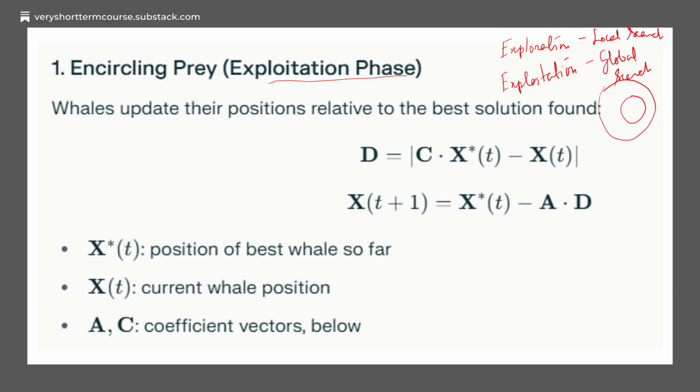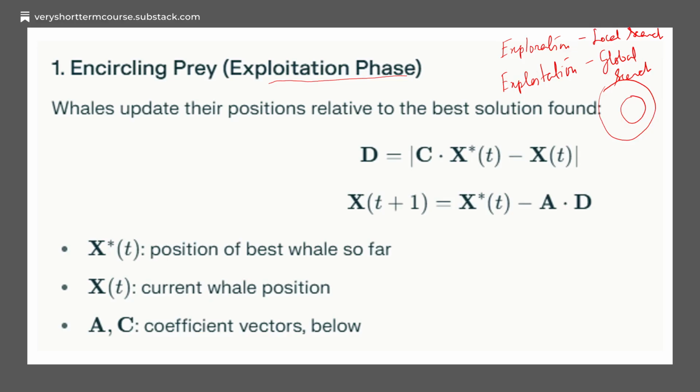In our case, we are dealing with a maximization problem. So until that iteration, the value of x that has generated the maximum value of y will be taken as the optimal solution or best position, or often it is said as the position of the best whale. Best whale means the whale which has the highest chance of catching the prey.